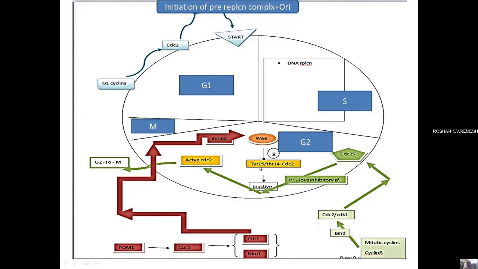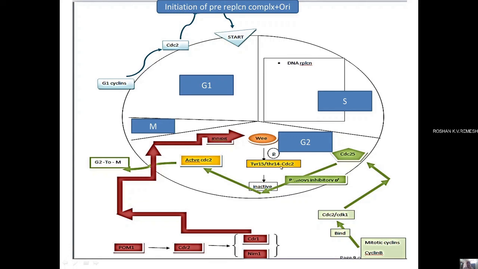Once CDC2 is inhibited by the Wee1 protein, the progress of the cell cycle from G2 to M phase is blocked. That means the cell cycle is stuck in the G2 phase, and by that time the growth of the cell in volume occurs. Once the growth is over, another protein known as CDC25 removes the inhibitory phosphorylation of CDC2.